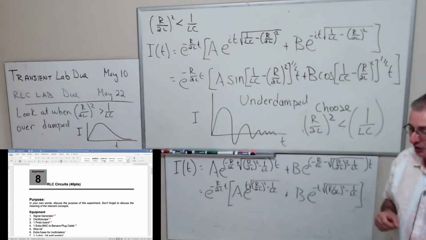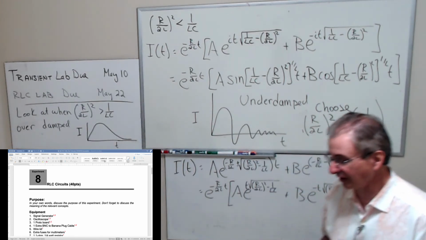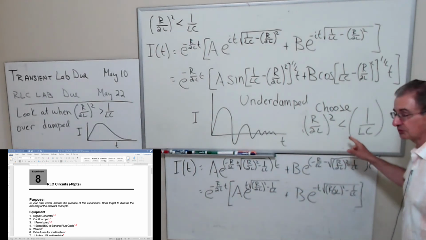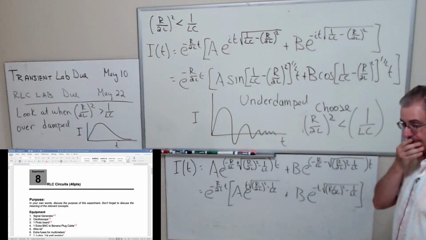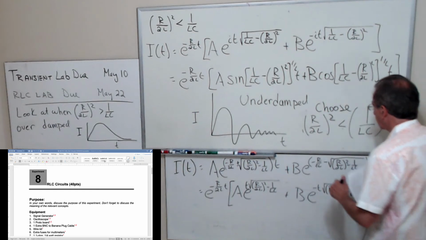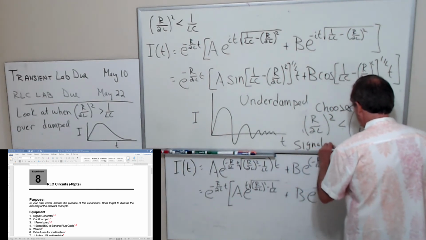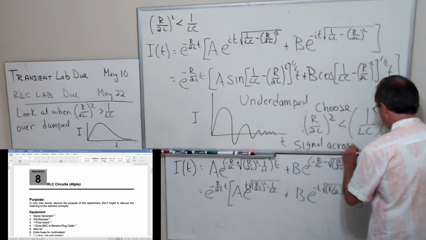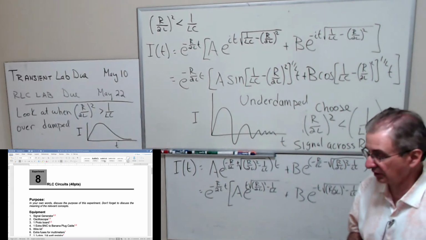You get to choose from your kit what values of R, L, and C you use to observe this. Hook it up. Observe the signal on the scope. Look at the signal across the resistor. You can do the inductor too, but let's say you look at the signal across the resistor.